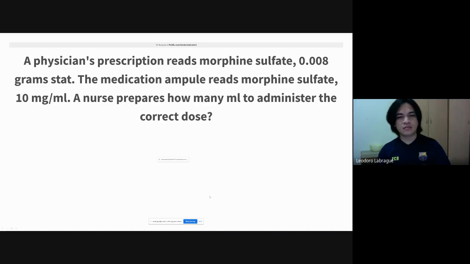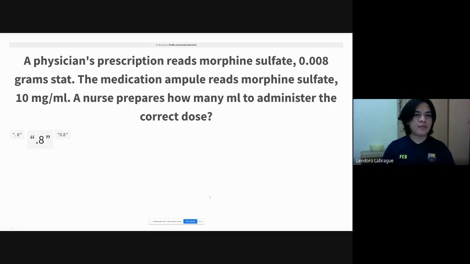I can see 0.8. Is it 0.8? Some answers are coming, and I can see 0.8 also. Let me see if I can see other answers than 0.8.